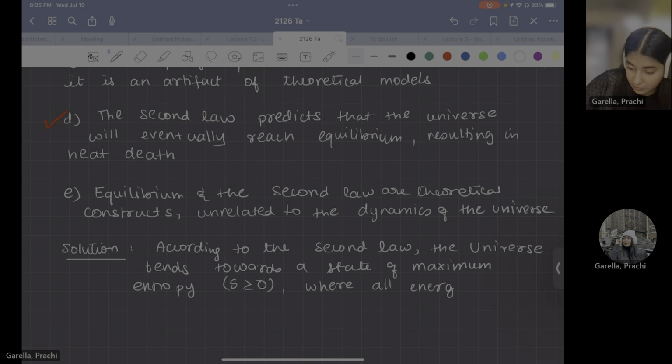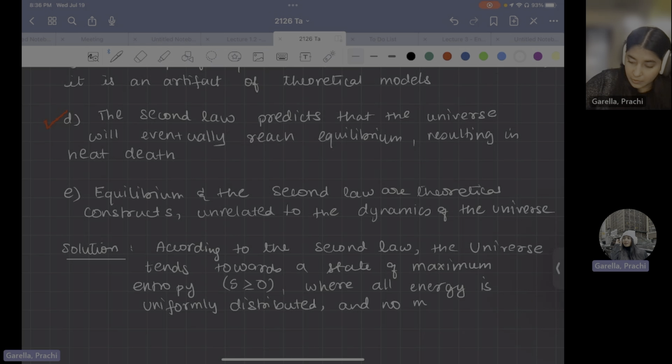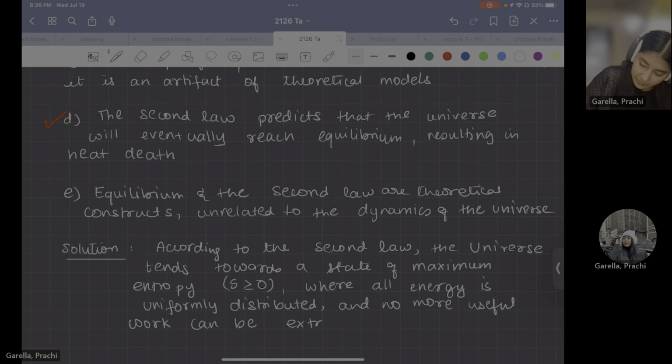So the universe tends towards a state of maximum entropy where all energy is uniformly distributed and no more useful work can be extracted.